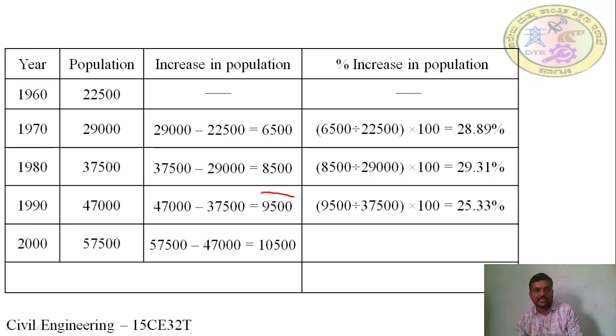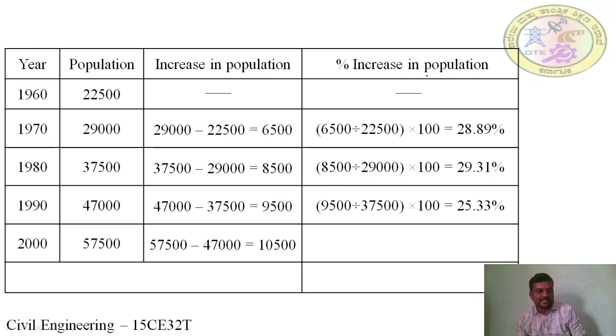equal to 9,500, the increase in population, divided by the population in 1980, that is 37,500, which is equal to 25.33%.